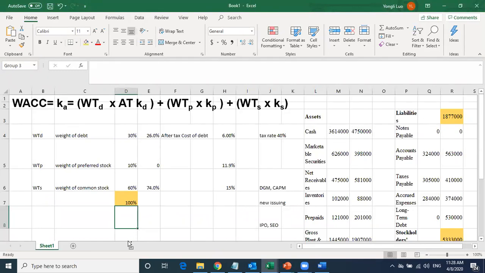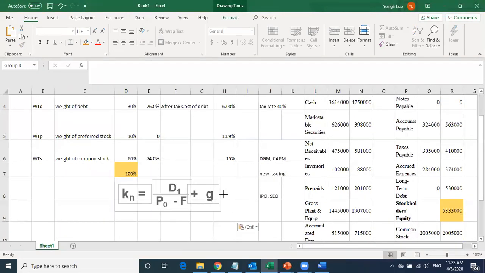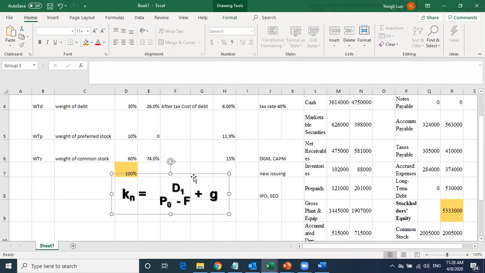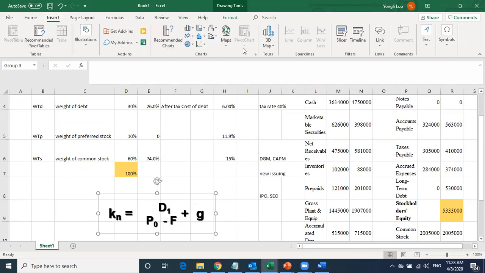Use D1 divided by the current stock price minus flotation cost, plus G%. Using this one is for issuing new stock.